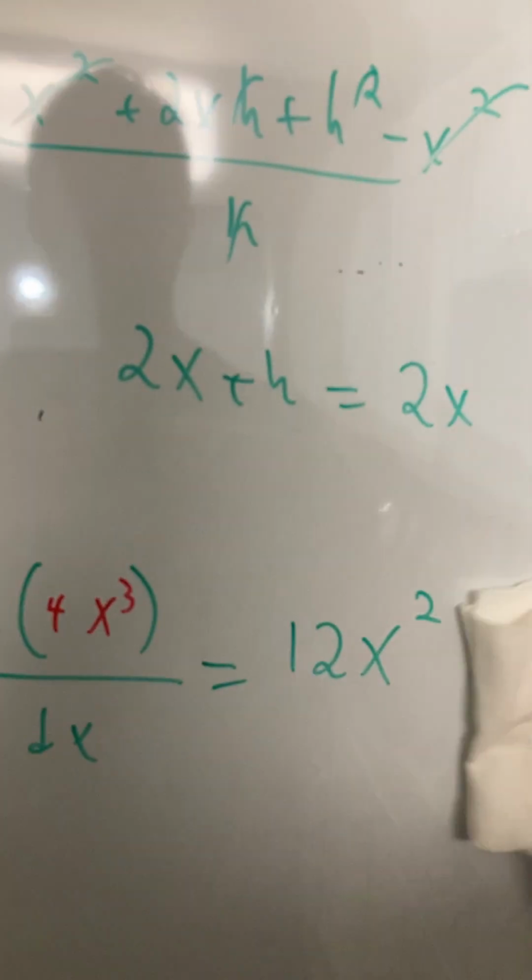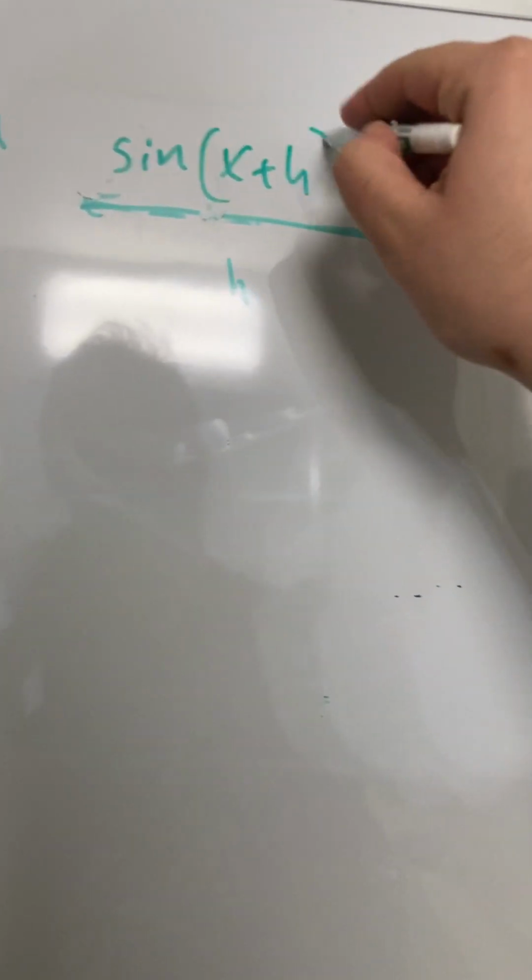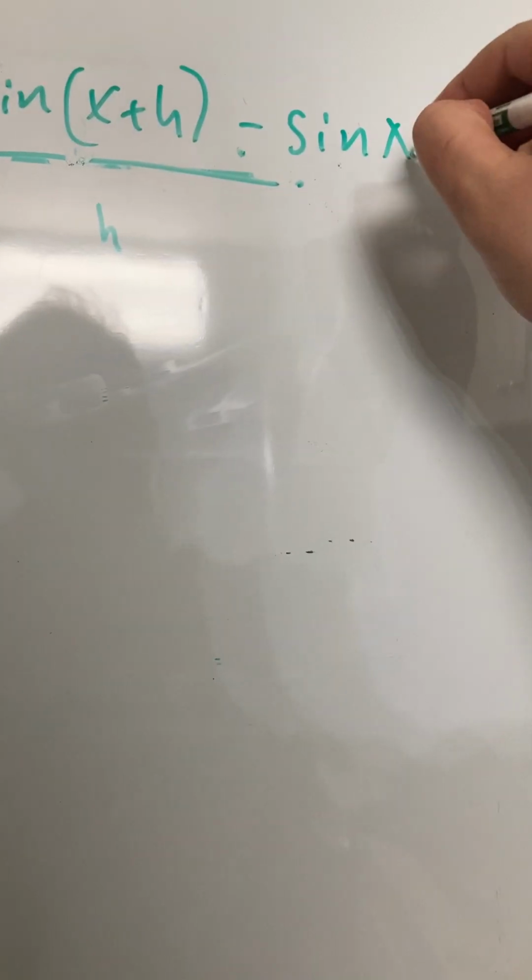These limit problems do get infinitely more complicated, but let's take a look. Ultimately, whatever I put in that second spot is what I'm trying to derive. So what if I put sine of x plus h minus sine of x?